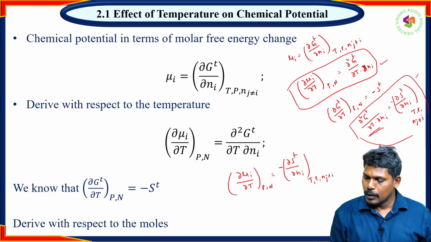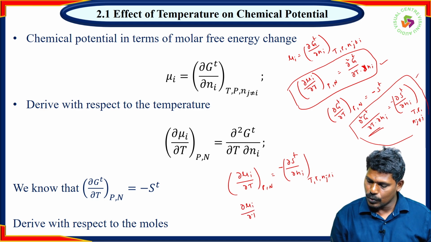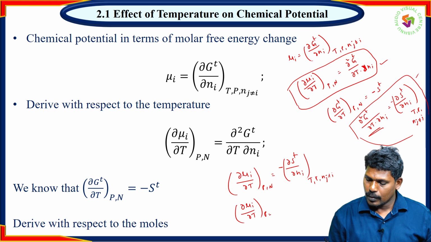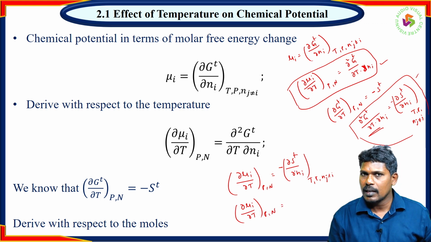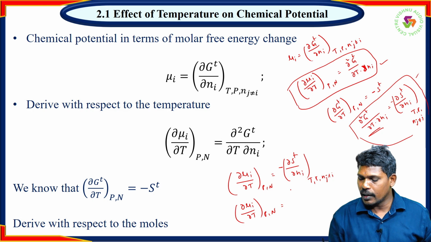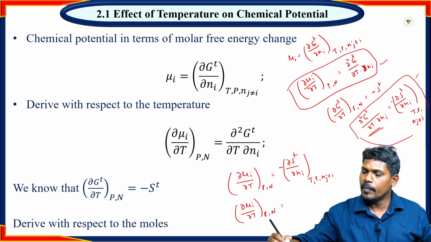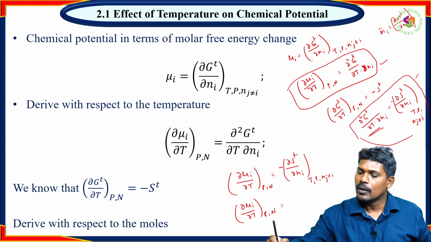So we can write dou mu_i by dou T at constant pressure and N. In other words, this is a partial molar property, the partial entropy. It is the same as M_i bar equals dou Mt by dou Ni at constant temperature, constant pressure, Nj not equal to i.